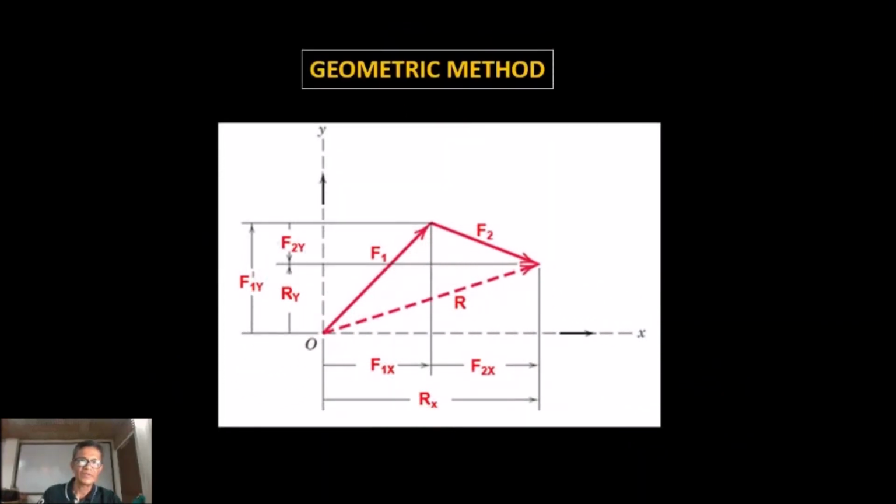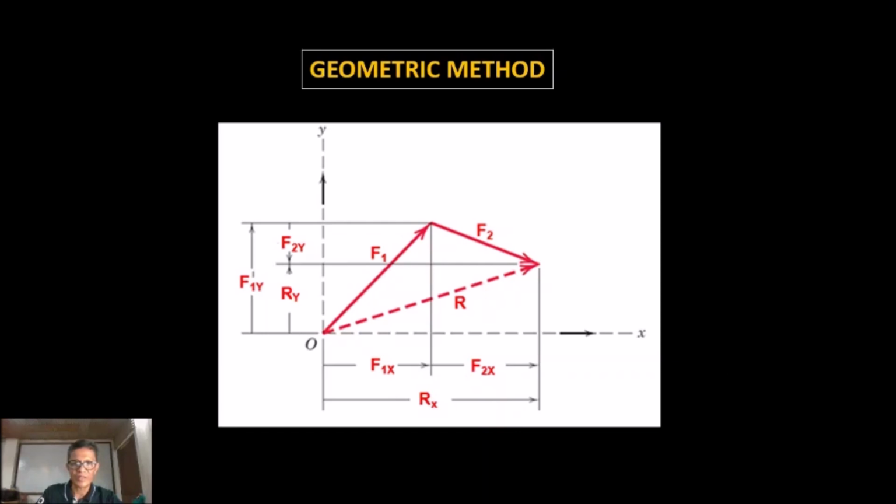Now, we also use the geometric method or the graphic method to determine the resultant and the components. So we connect F1 and F2, then we connect the starting point and the end point, and that is R. Of course, Rx will be the summation of forces along x.